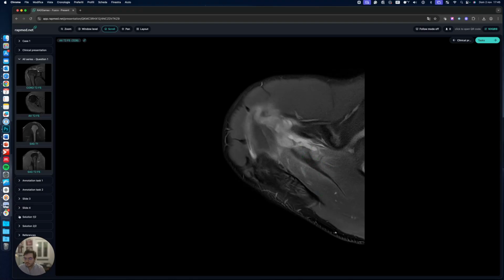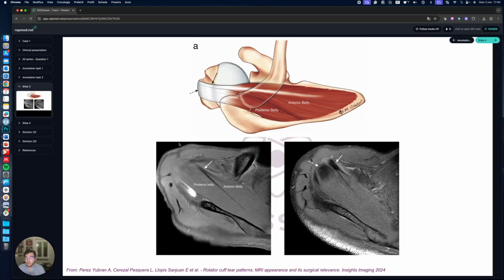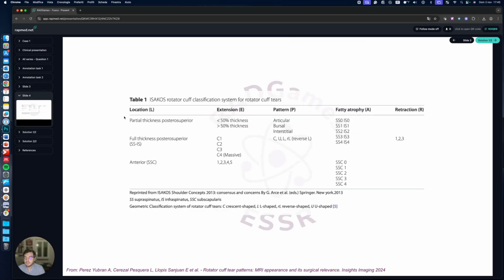This is a kind of injury we are used to in the lower limbs, while these injuries are rarer in the rotator cuff in the shoulder, but you have to know that they can occur, particularly at the anterior portion of the supraspinatus. Here I've put the ISAKOS classification just to show you.